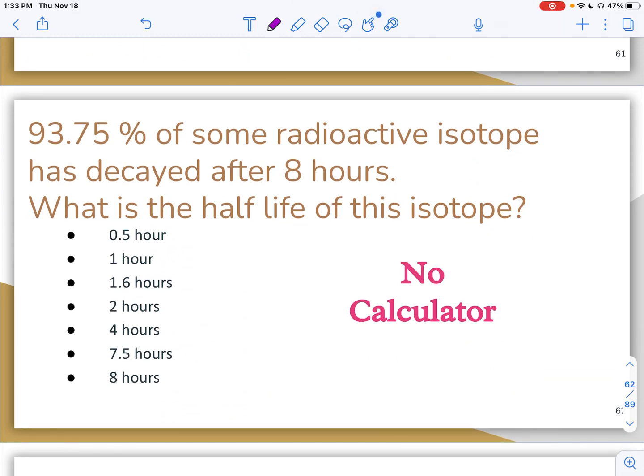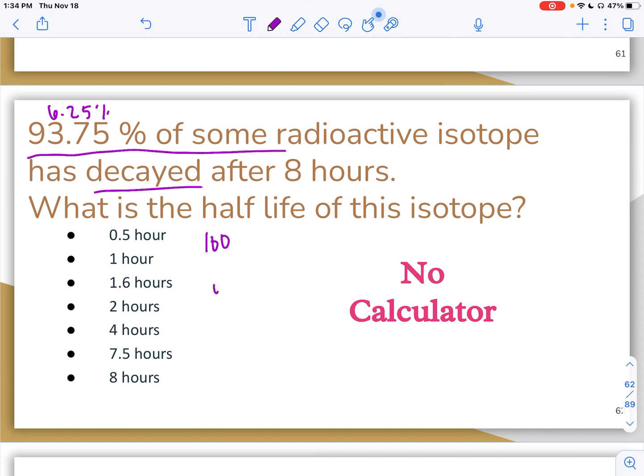So here's a percent one. 93.75% of some radioactive isotope has decayed after 8 hours. What is the half-life of this isotope? The best way to figure this out is to figure out how many half-lives have passed. If we do the same thing we did on the last slide, but with 100 this time, we want to figure out how long it takes to get down to 6.25%, because 93.75% has decayed, so 6.25% is left.